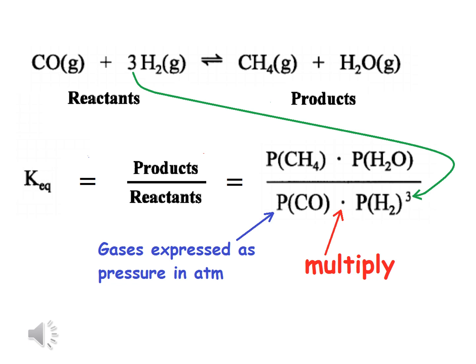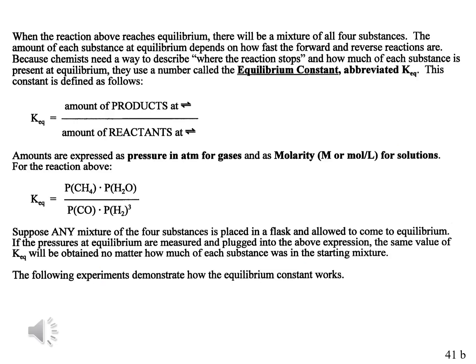And you multiply by the pressure of water. And then on the bottom, it's the pressure of CO times the pressure of H2. And if there's a coefficient in front to balance, you also use it as a power. So it would be the pressure of H2 cubed.